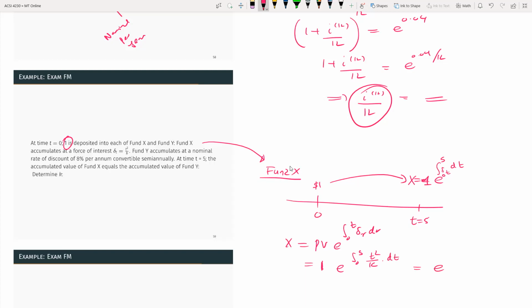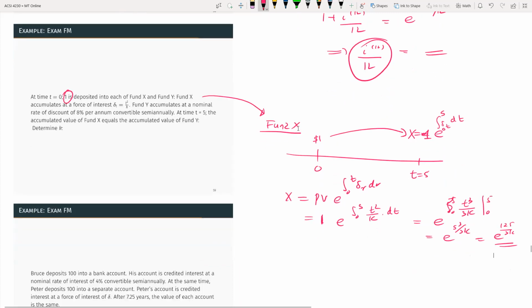So you can solve this. If I solve the integral, it's going to be t cubed over 3k from 0 to 5. So it's going to be e to the 5 cubed over 3k, which is 125 divided by 3k. So that's the future value.